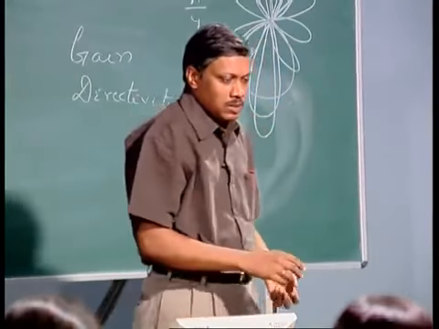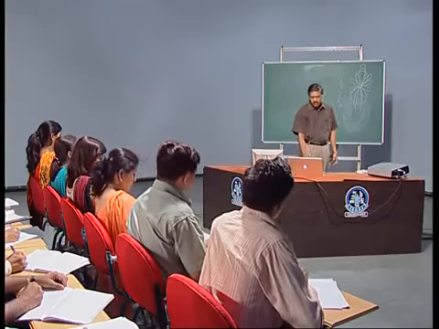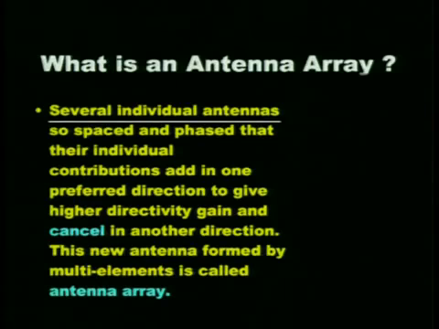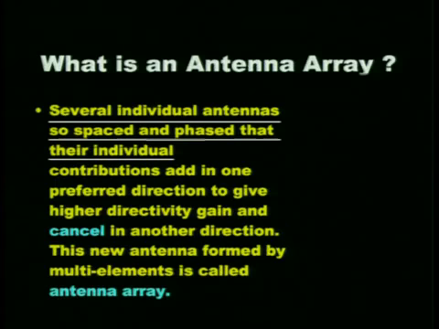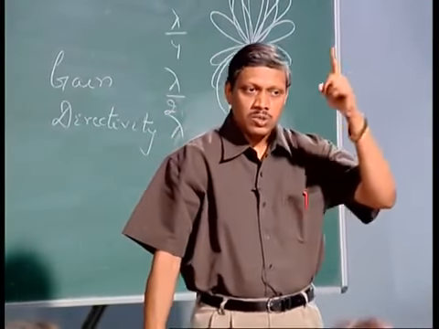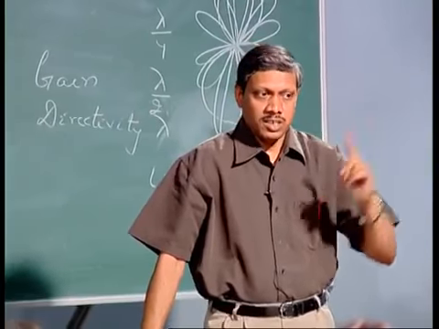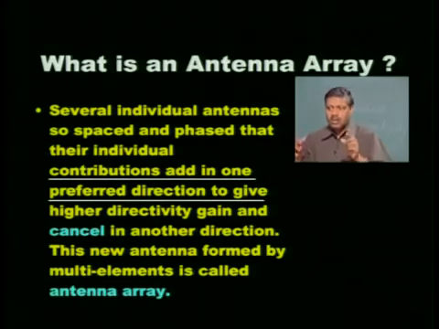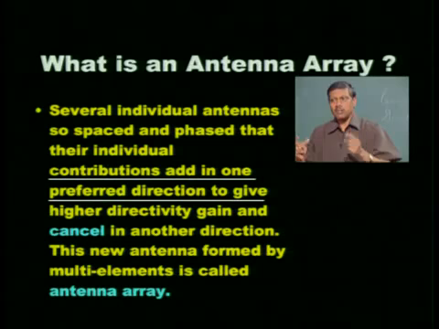So, if you look into the definition of antenna array, it is several individual elements or antennas so spaced and phased that each antenna will contribute to the point of observation or the point of interest, and all these contributions will get added up there.